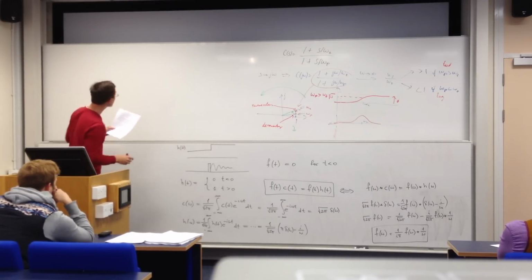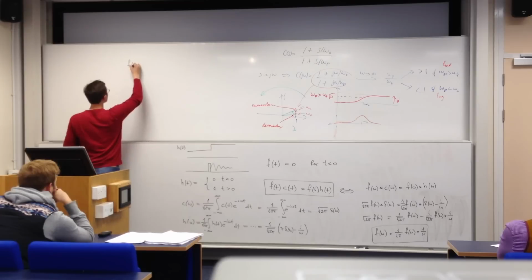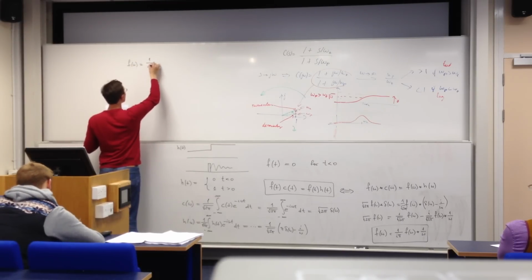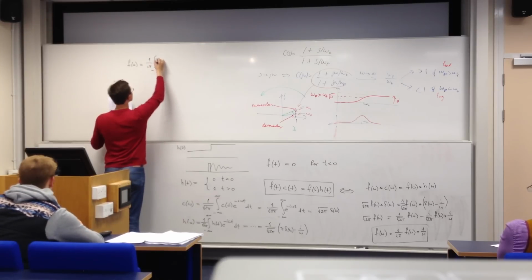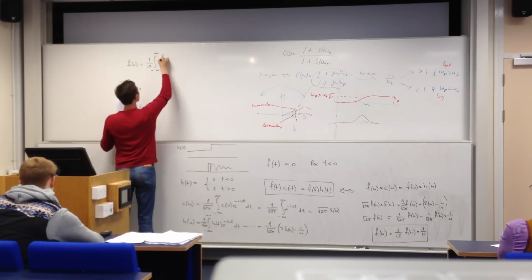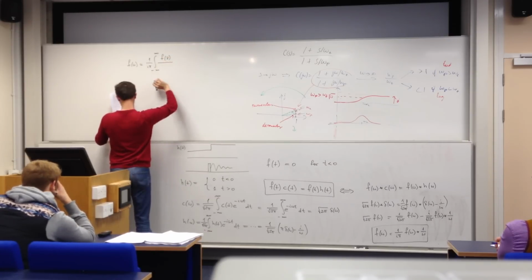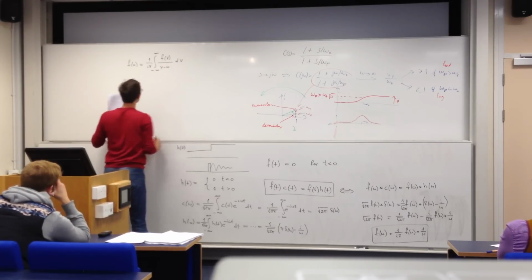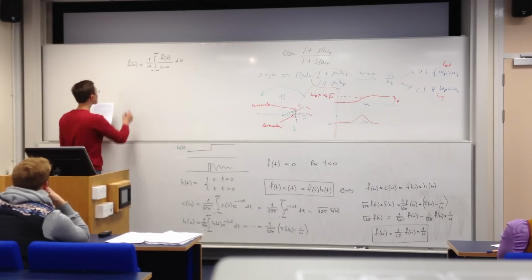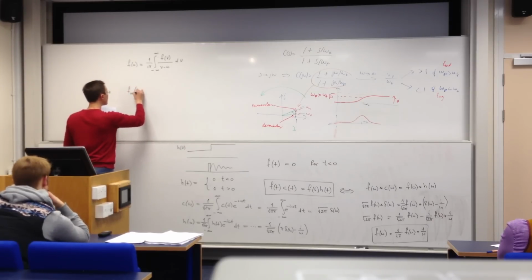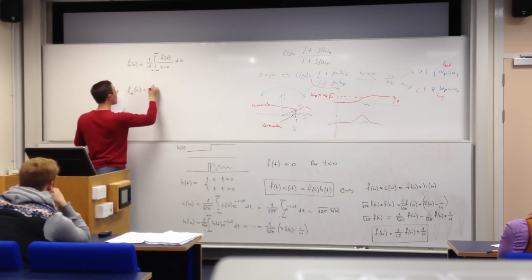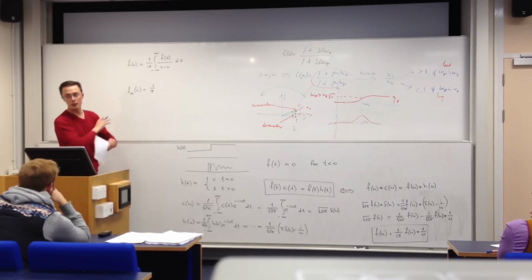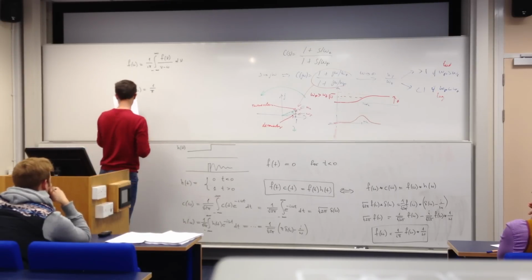Let's first write it in the integral form. So f of omega, from the definition of convolution, is 1 over i pi integral from minus infinity to infinity of f of the integration variable mu divided by mu minus omega, d mu. And then let's take the real and the imaginary part of it. The real part of f of omega will be 1 over pi, but because we had the i, it has swapped the real and the imaginary part and put a minus sign in front of the imaginary part.